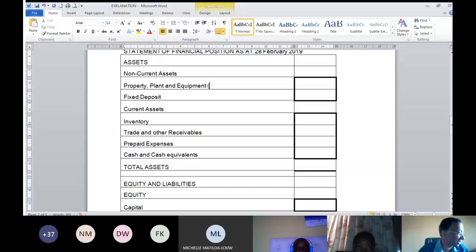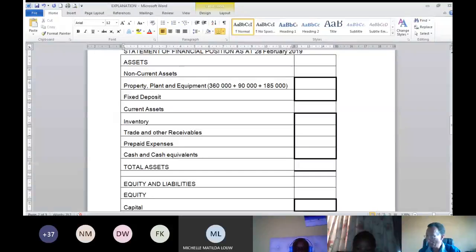Property, plant, and equipment in my example here, guys, will consist of my buildings of 360,000 Rand, plus equipment of 90,000 Rand, plus vehicles of 185,000 Rand.